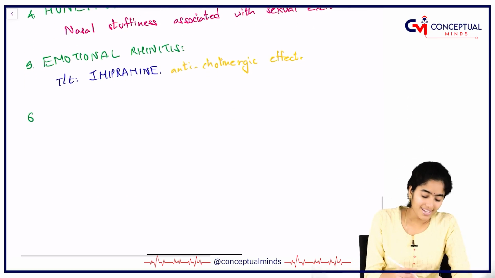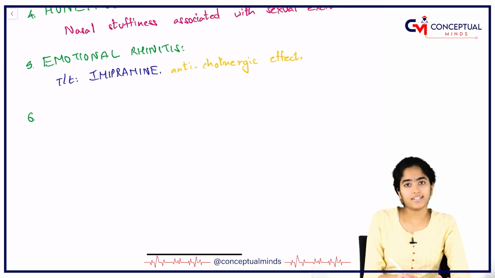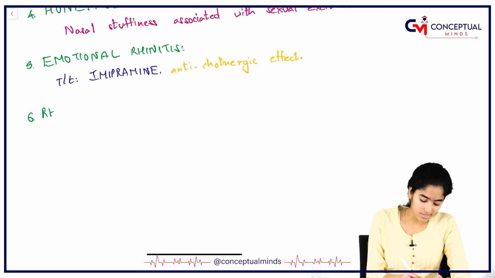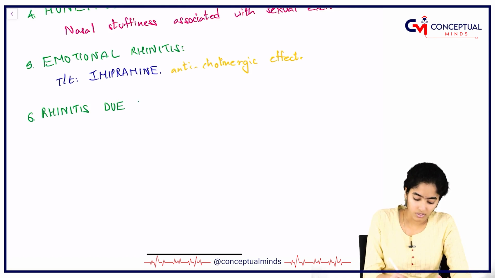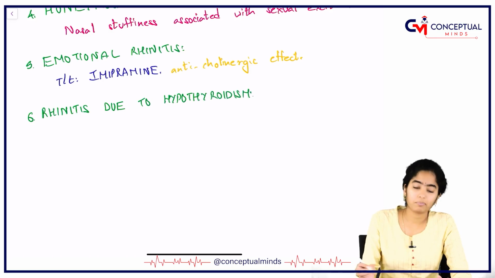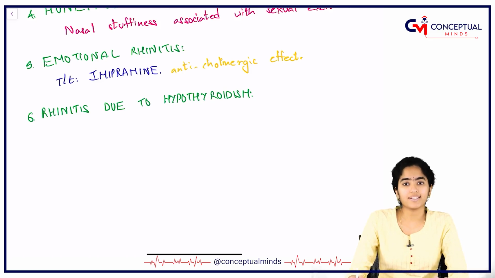Okay. Next in our list is rhinitis due to hypothyroidism. Now, thyroid hormone, what is the basic effect of thyroid hormone? It is sympathomimetic.